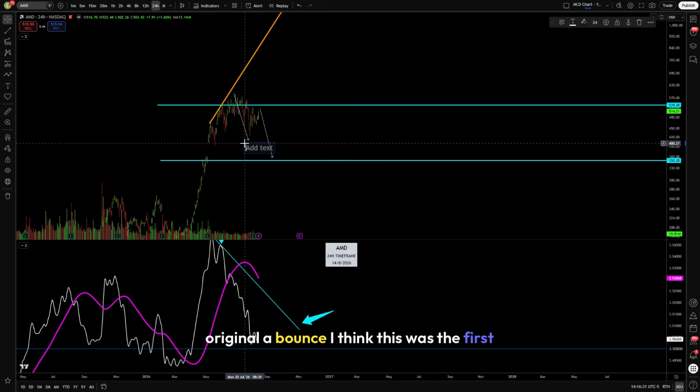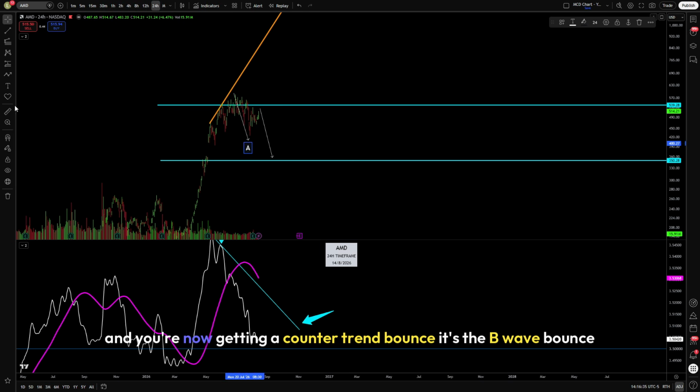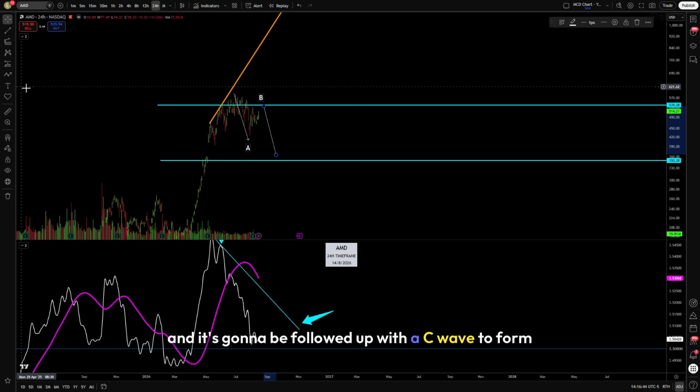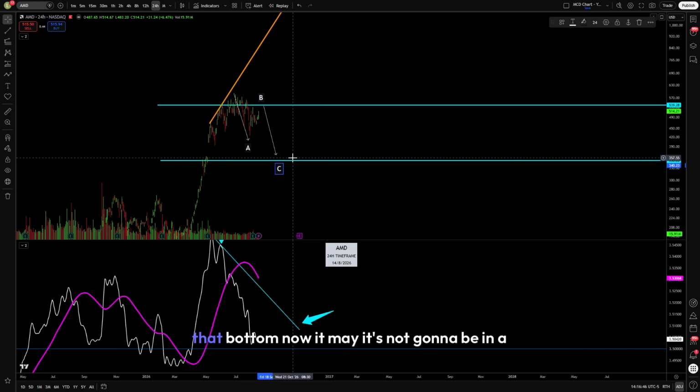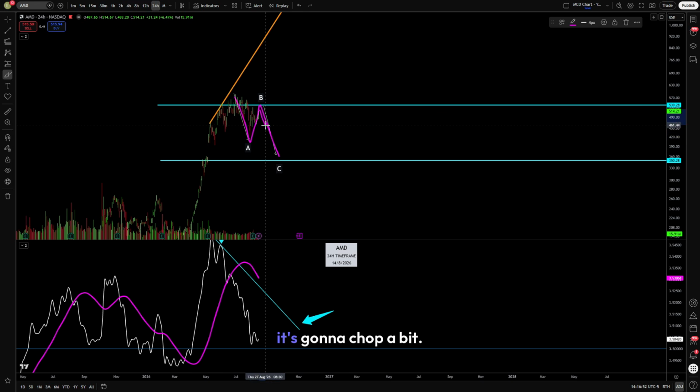I think this was the first leg lower, momentum shifted, and you're now getting a counter trend bounce. It's the B wave bounce that we see, and it's going to be followed up with a C wave to form that bottom. It's not going to be a smooth 1, 2, 3 line, and it's going to chop a bit.